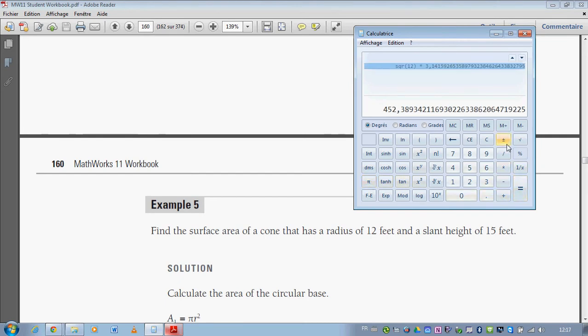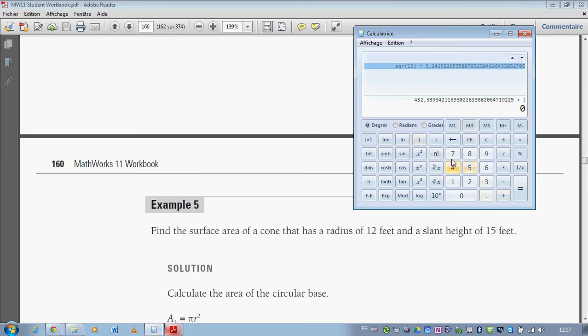So the base area of your cone is 452.389, and I jotted that down because I'll be adding that to the lateral area of your cone, which is pi times r times s. I actually probably didn't need to jot that down. I can just add. I push the plus button, and then I open the brackets.